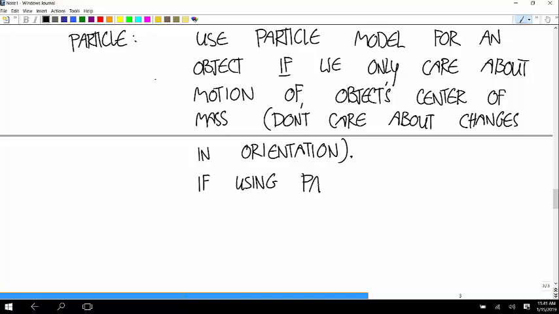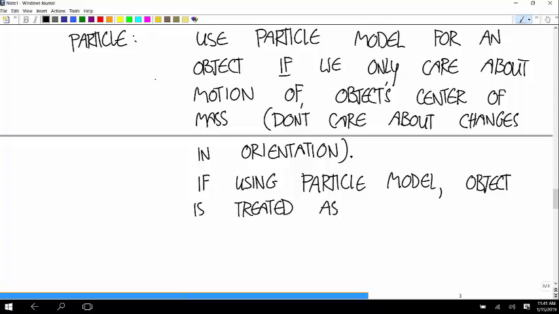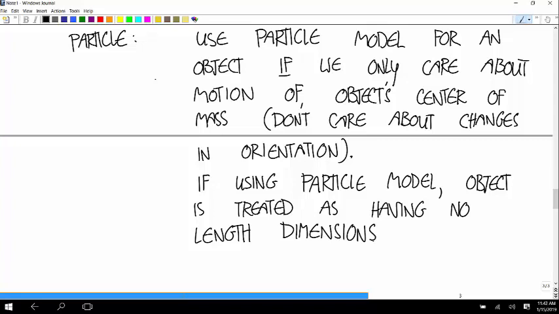If that particle approximation is enough for you, so if you're using the particle model, the object is treated as having no length dimensions, so it's infinitely small, like a little point-sized thing moving around, although it still has mass.